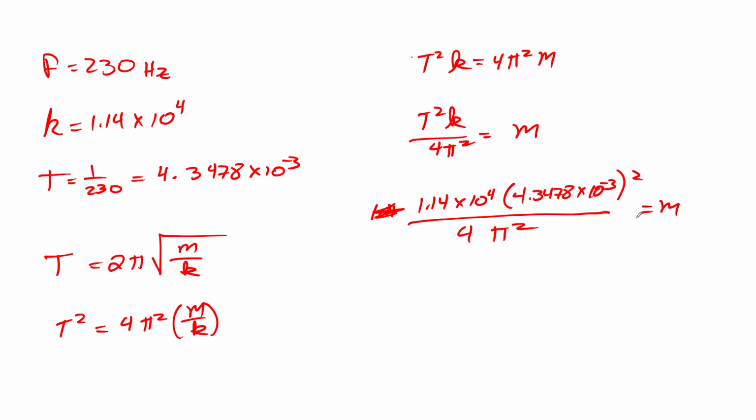Then take that answer and multiply it by 1.14 raised to the 4th. So you get like 0.215, and then we're going to divide that by 4 times pi, which is then squared, and that gives the mass.